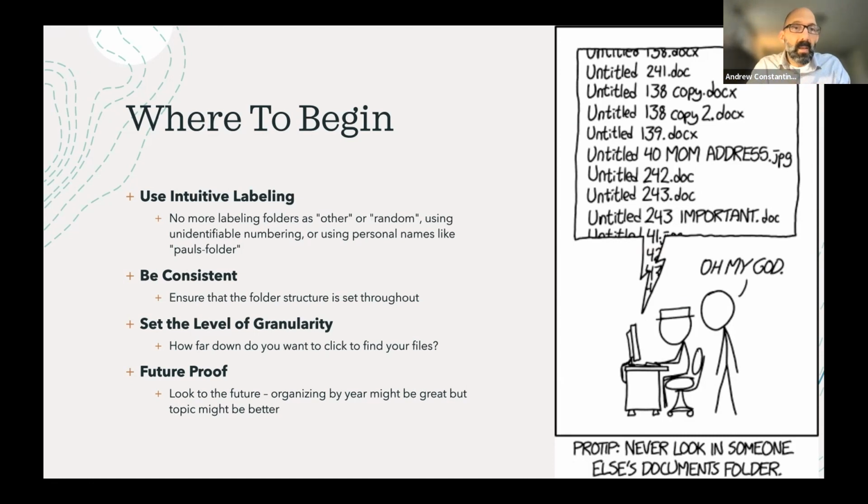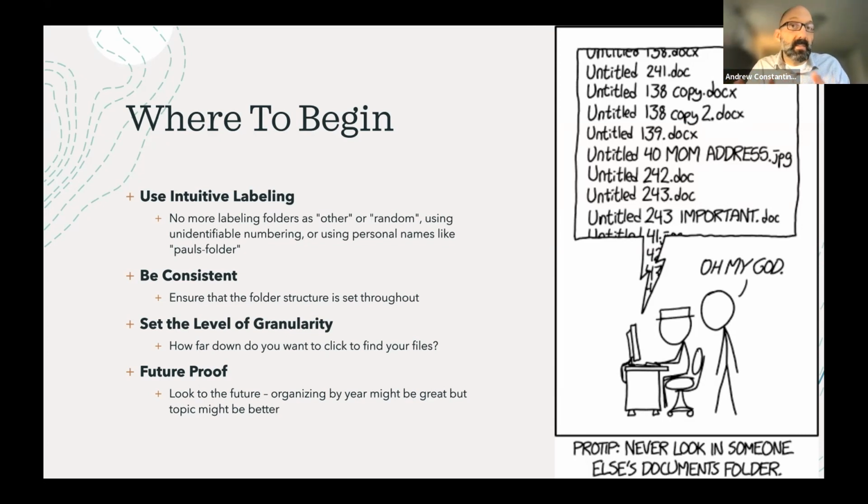So where to begin? Use intuitive labeling. Avoid labeling folders as other or random. Avoid using unidentifiable numbering, which all too often happens when we're doing file dumps, especially with images. If you're taking pictures on a nice camera, or even from your iPhone, your mobile device, you get a lot of this random numbering, which will happen with the folder structures on the camera or in naming the files on your system.